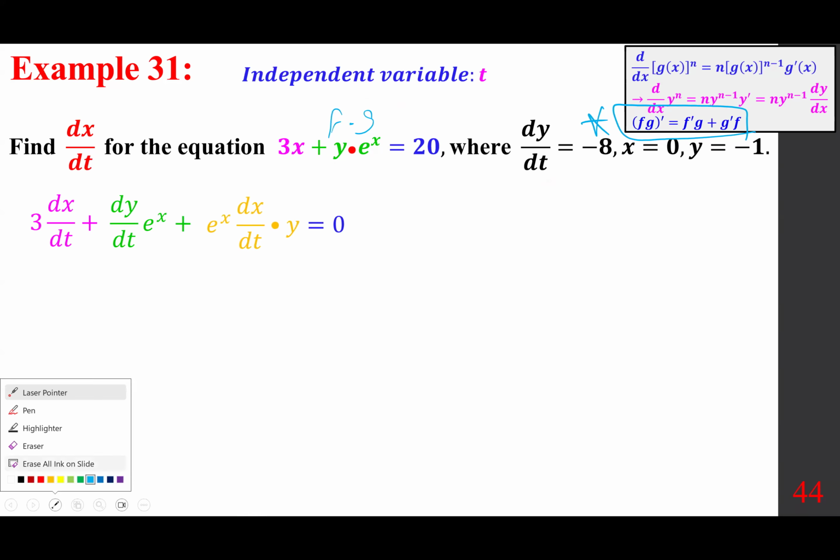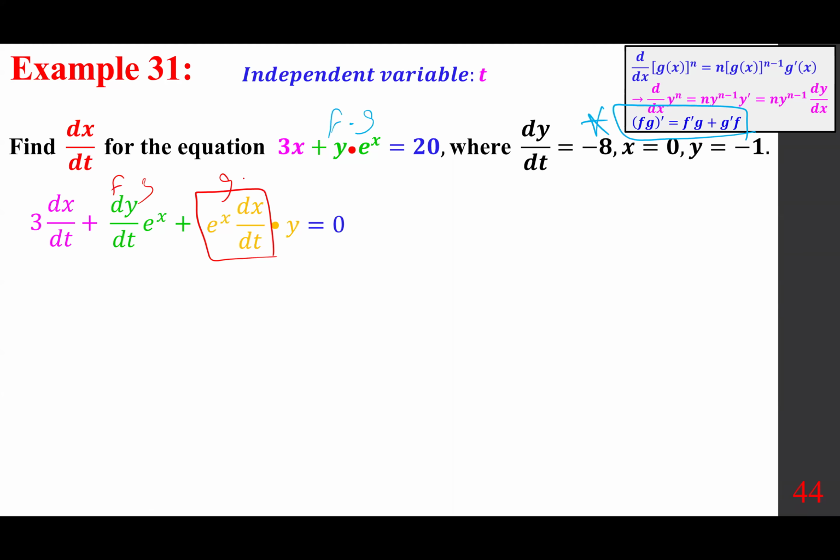In other words, what you're looking at here, this is f prime g, this is g prime f. And again, you can plug in. Let's plug in and I will show you when we solve that. And this is it. This is the only calculus step, everybody. You're done with calculus. So let's plug in.